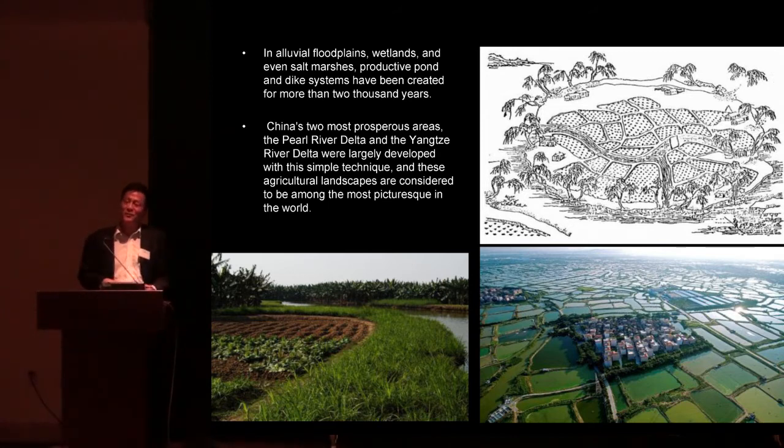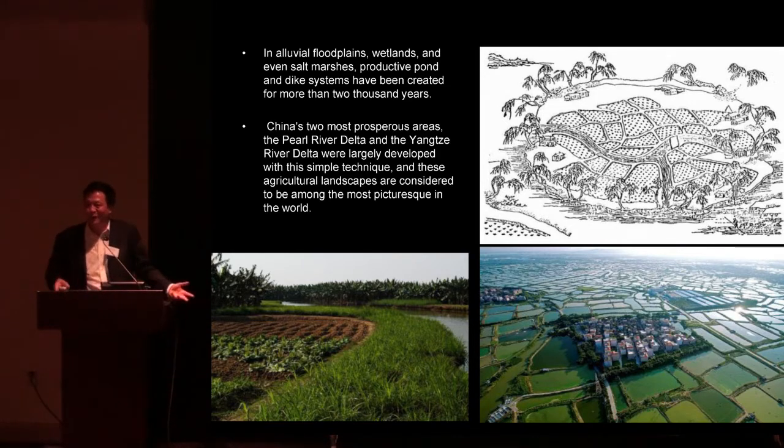The 2 most productive areas in China are the Pearl River Delta area and the Yangtze River Delta area. And these 2 areas were considered to be the most beautiful areas in China, being described even by Westerners as a paradise of the world, paradise. And this is very simple.